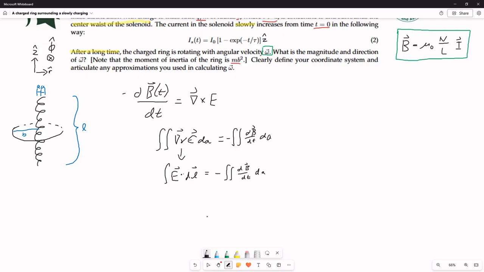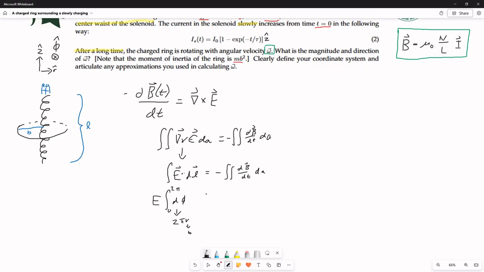On the left-hand side, we're just calculating the electric field on the ring, and that is not changing with respect to the integral, so we can actually pull the electric field out. And we know this is going to be an integral from 0 to 2 pi d phi, since that is the direction of our integral. And this is going to give us a 2 pi r, and that r is going to be on the ring, so we're going to end up with a B.